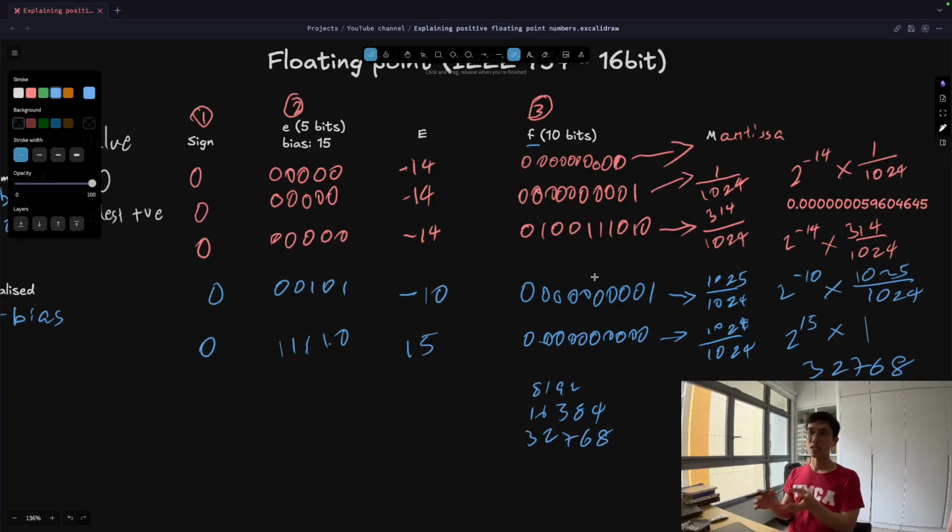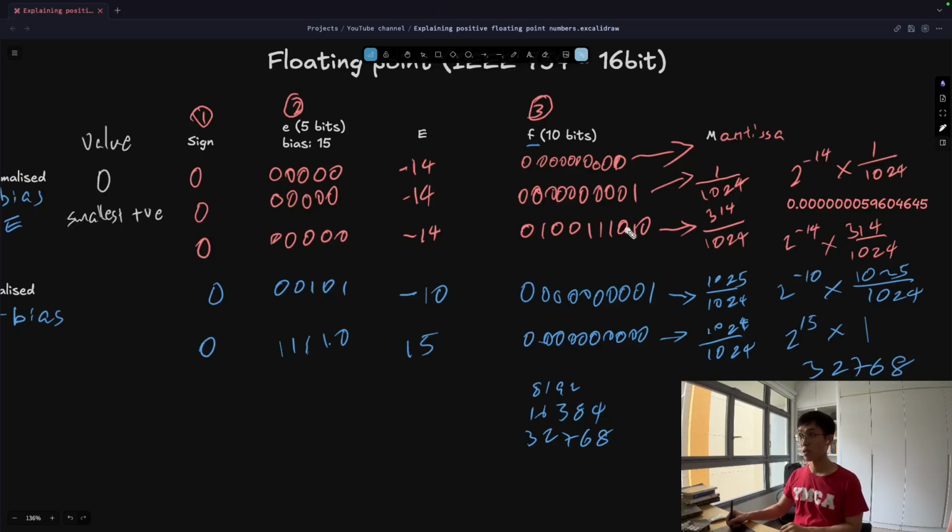And the mantissa is derived by taking the fraction itself. For denormalized numbers, the fraction, how I derived it, at least when I was trying to understand this, is the numerator is just the value, while the denominator is 2 to the power of the number of bits. So 10 bits, 2 to the power of 10 is 1024. And that's the mantissa value of a denormalized number.